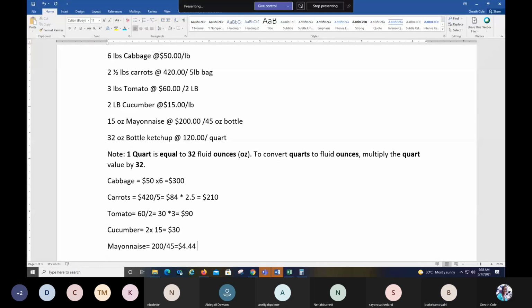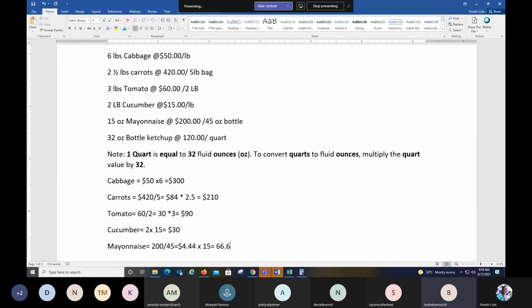So what do we do with the $4.44 now? You times it by 15, and that equals $66.60.